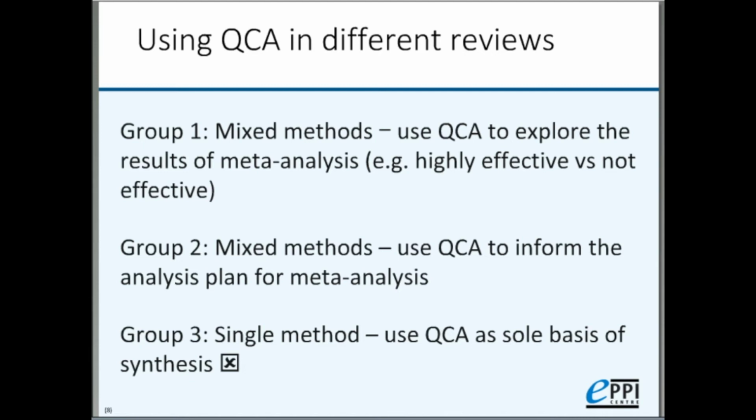Within the second group of systematic reviews that use QCA, QCA is used to almost help to design the meta-analysis. So QCA is undertaken before the meta-analysis in order to develop theories of configural questions that can be explored within the meta-analysis. A third group of studies use QCA as the sole basis of the synthesis.